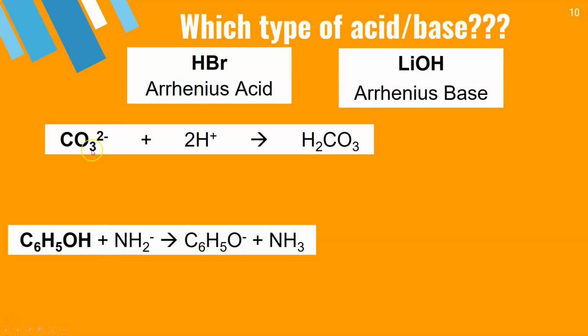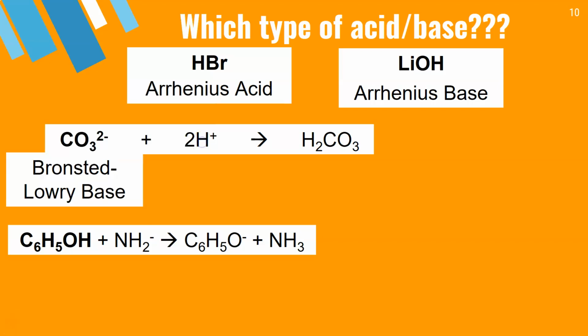If I look at my carbonate, it accepted these protons, didn't it? That makes it a Bronsted-Lowry base. It's not donating a hydroxide, so it's not Arrhenius, but it does fit the criteria for a Bronsted-Lowry. This behaves as basic because it's going to take these hydrogen ions out, right?